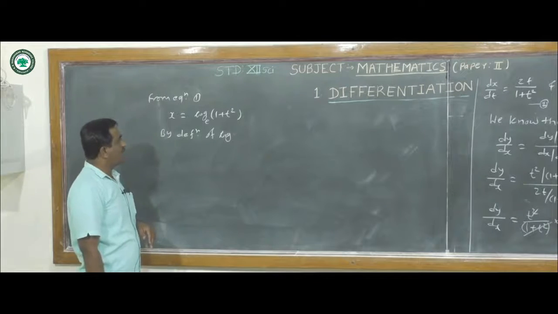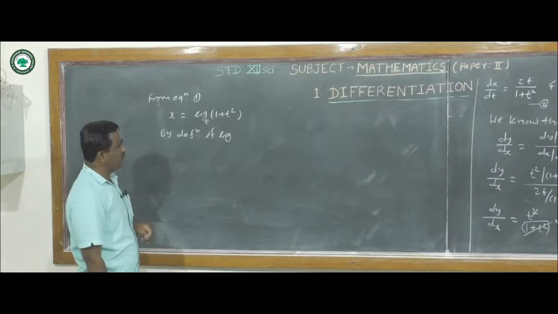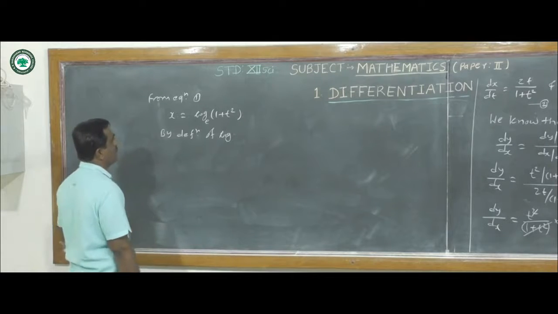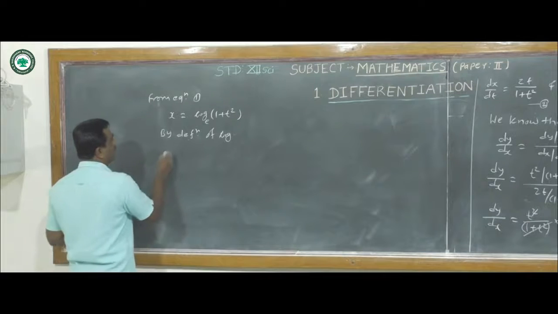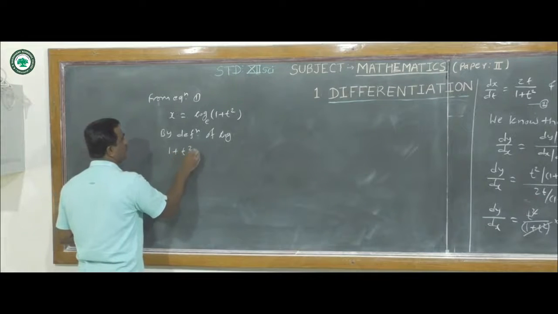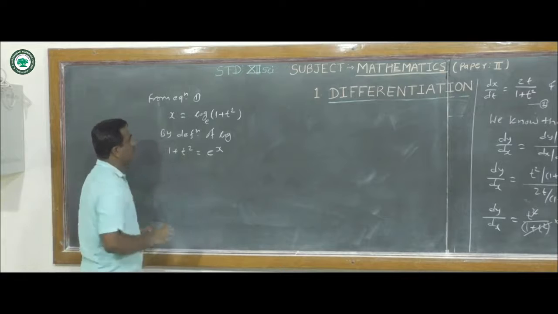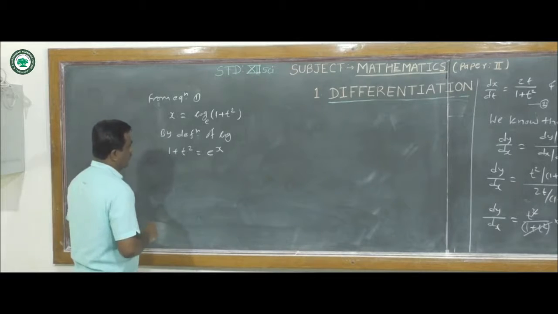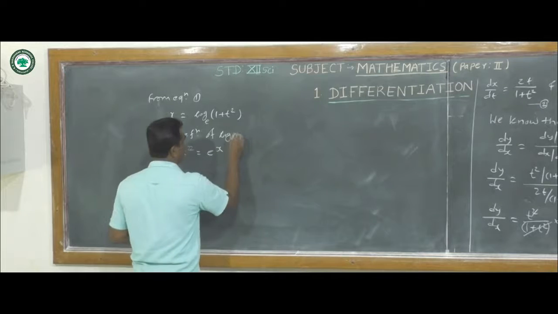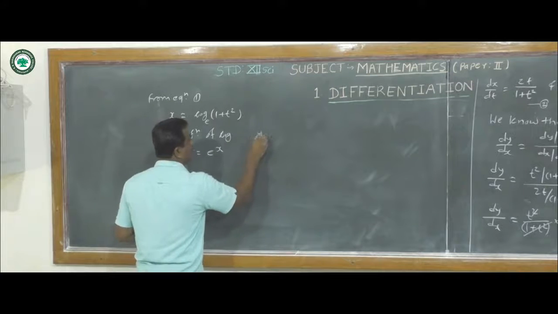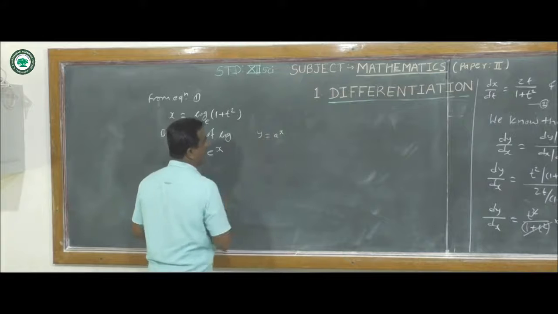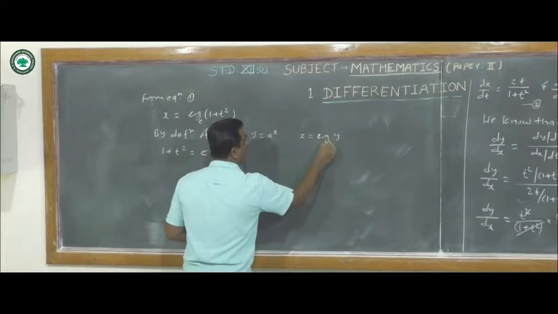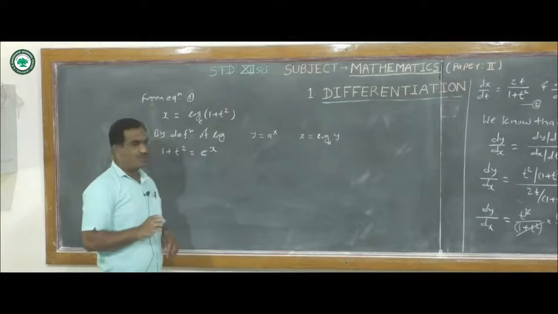Therefore we can write 1 plus t square is equal to e raised to x, by definition of logarithm. What is the definition? If y is equal to a raised to x, then x is equal to log y to the base a. This is the definition of logarithm.